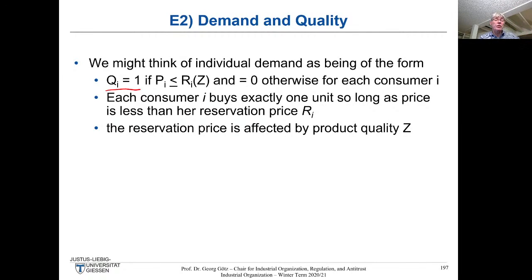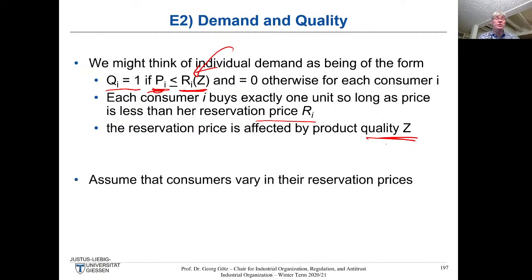So our consumer consumes 1 unit if the price of this quality is lower than the reservation price of this consumer I. And this reservation price of the consumer depends on the product quality C. Okay, so she buys exactly 1 unit as long as the price she has to pay is lower than her reservation price R, and the reservation price is affected by the product quality, meaning that higher product quality increases the reservation price.